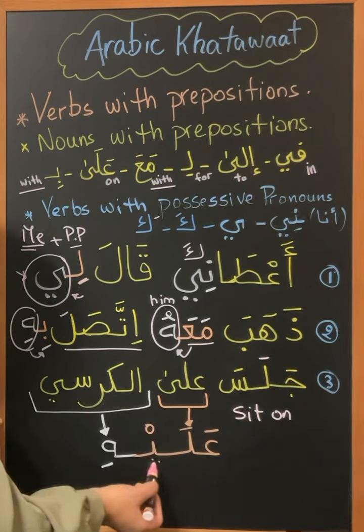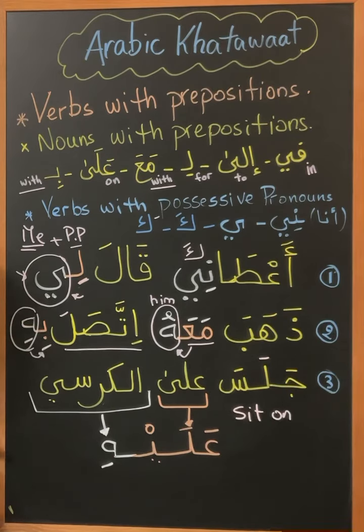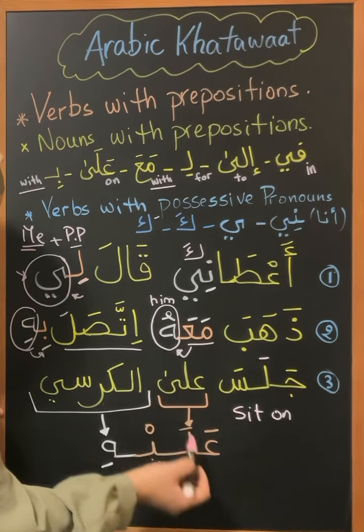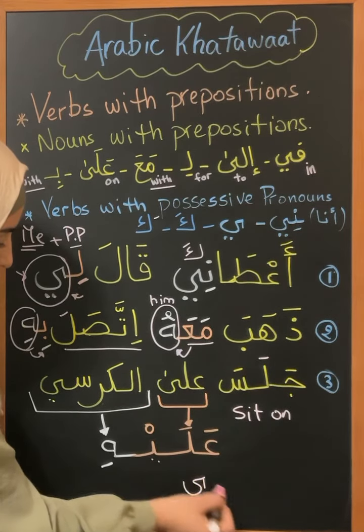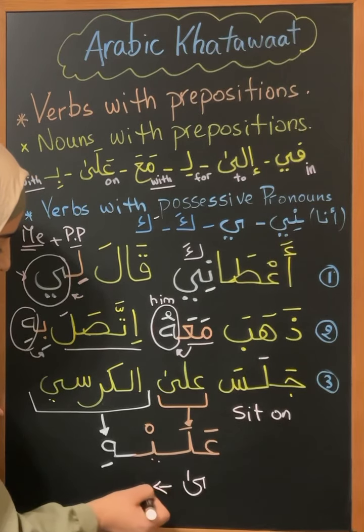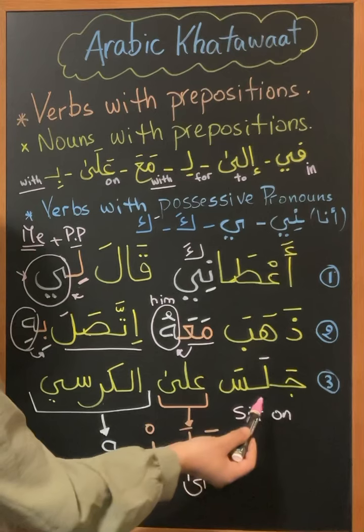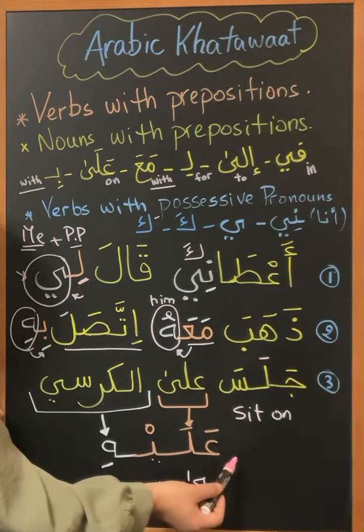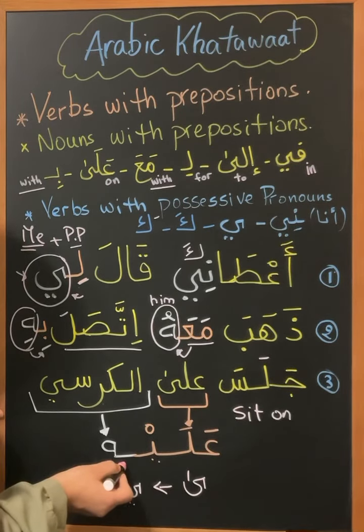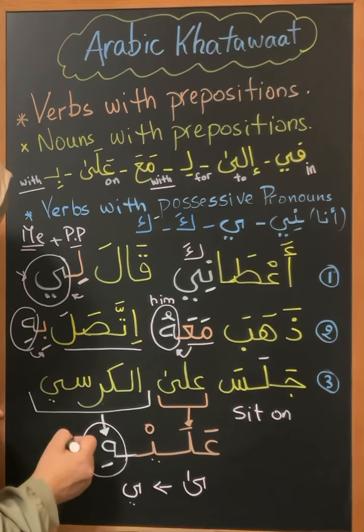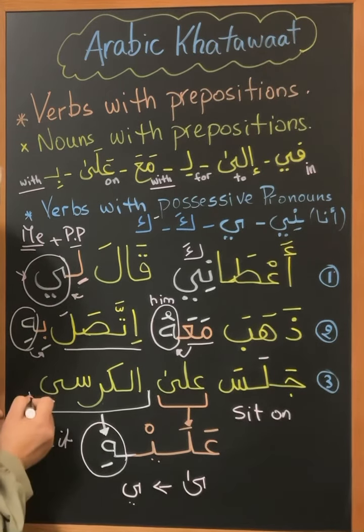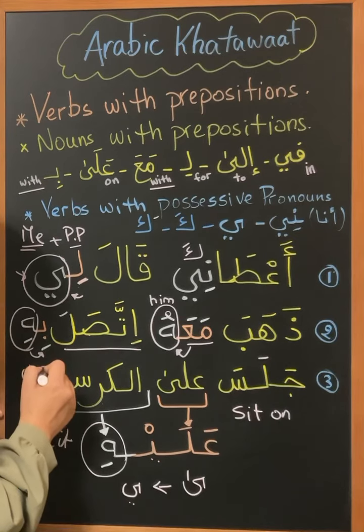When you attach it to a possessive pronoun, you change the alif maqsura to become ya. So you say جلس عليه, he sat on it, and the he over here refers to an object, which is the chair.